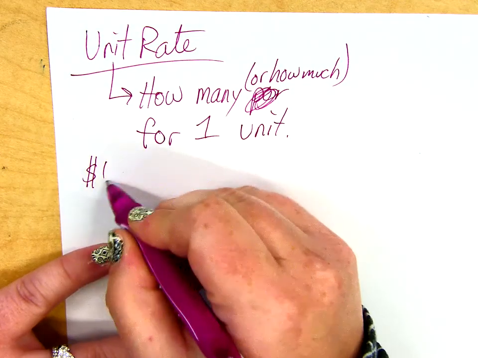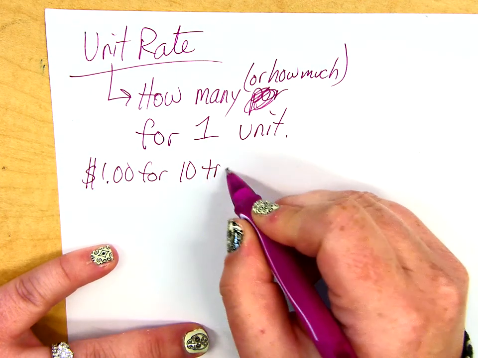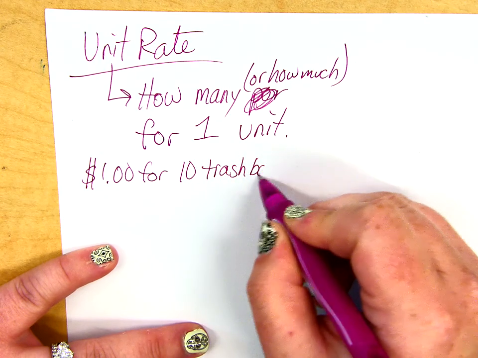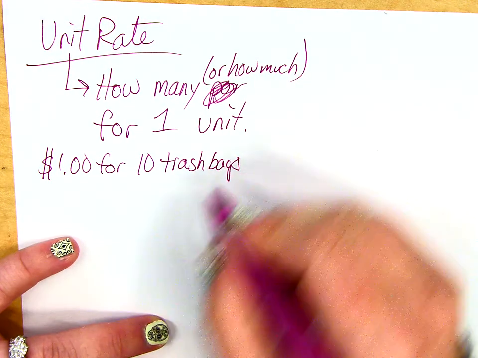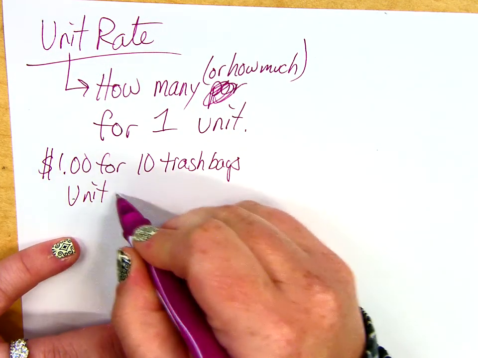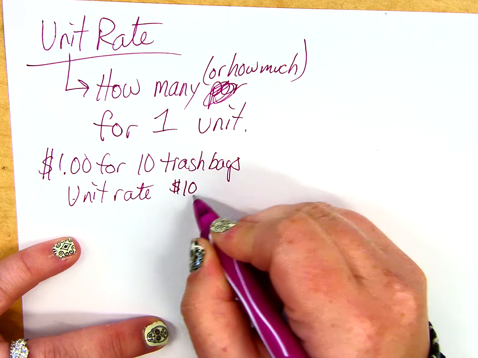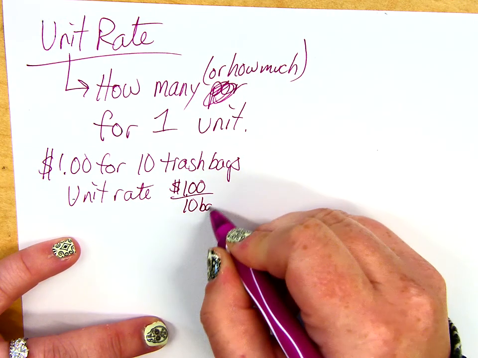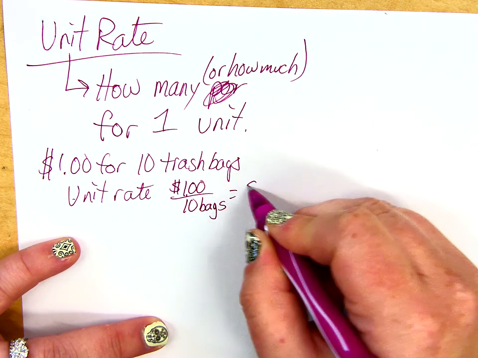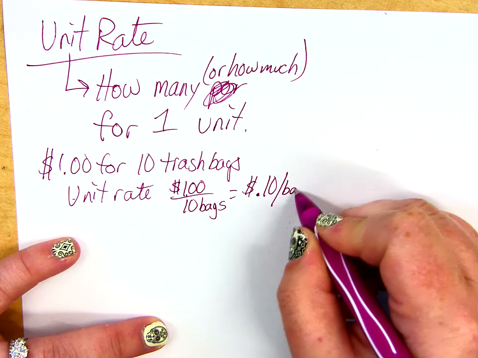So $1 for 10 trash bags. The unit rate is just unit rate. I would want to take $1 and divide it by the 10 trash bags. So that's how I get 10 cents per bag.